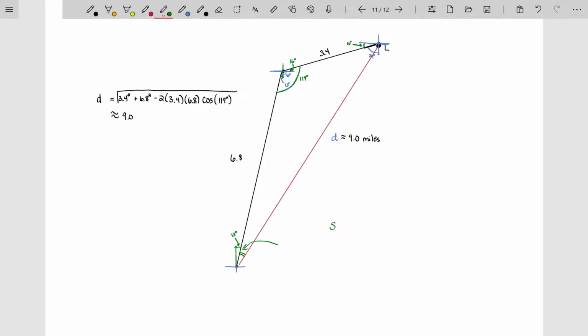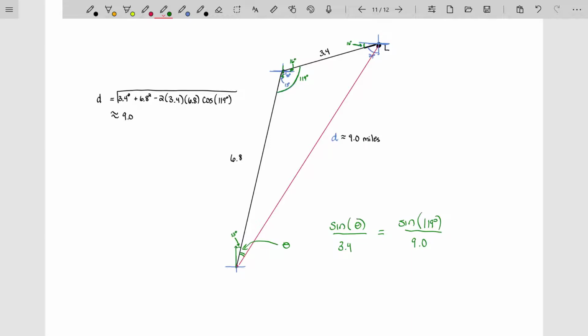The sine of that angle, which I'll just call theta, is to its opposite side, 3.4, as the sine of 119 degrees is to its opposite side, 9.0. And again, that 9.0 is an approximation.